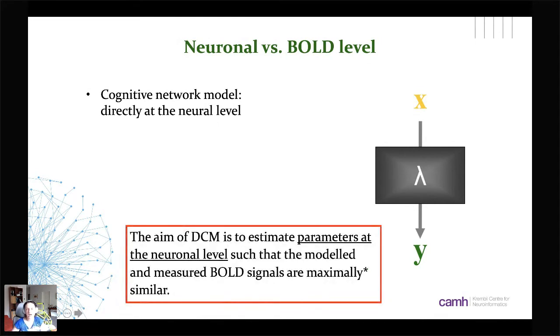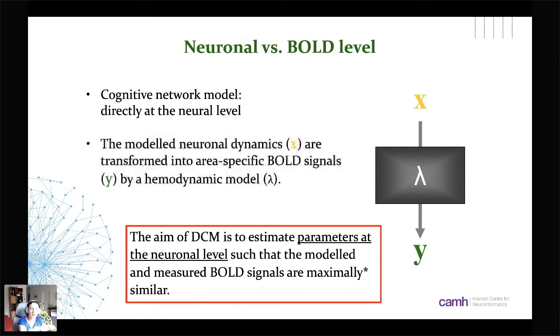Essentially the aim of DCM is to estimate parameters at the neuronal level such that the modeled and the measured BOLD signals are maximally similar. And how does it do this?